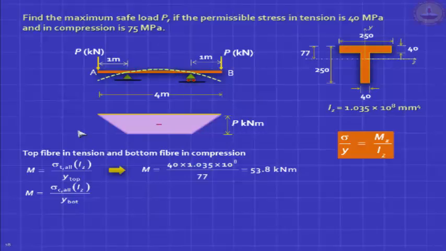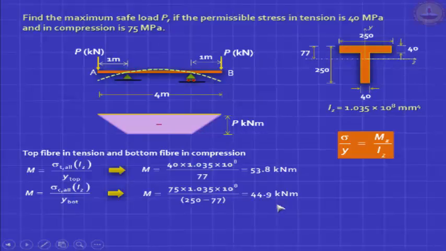If you look at the bottom and the moment is governed by the compression, the top fiber is in tension, bottom fiber is in compression. Now you will use 75 MPa because that's the allowed stress, and then you recalculate this, that this is the distance to the bottom fiber from the centroid neutral axis.